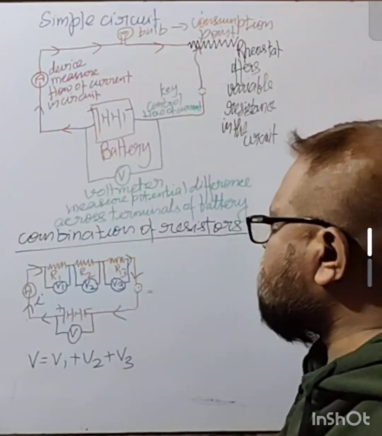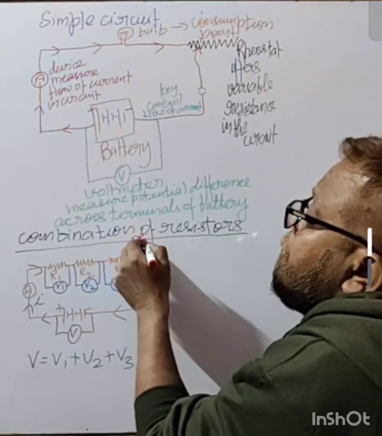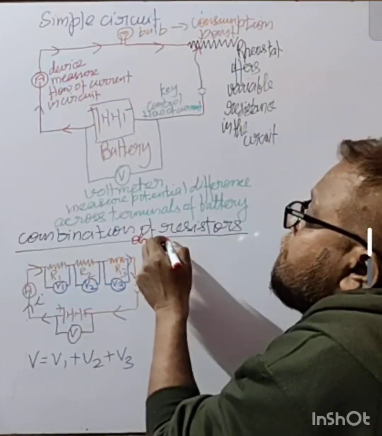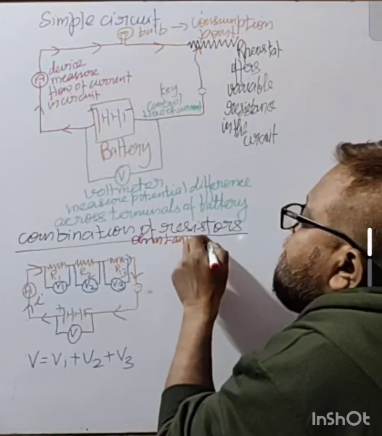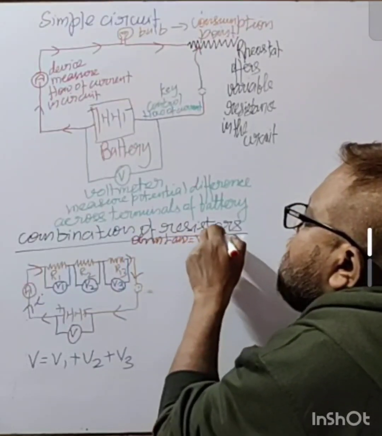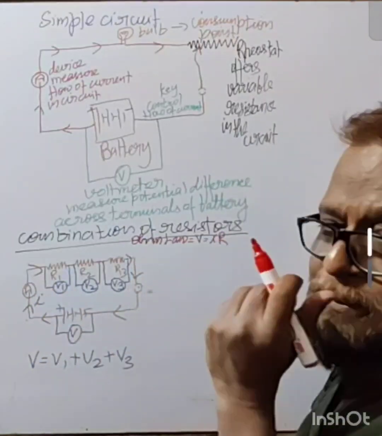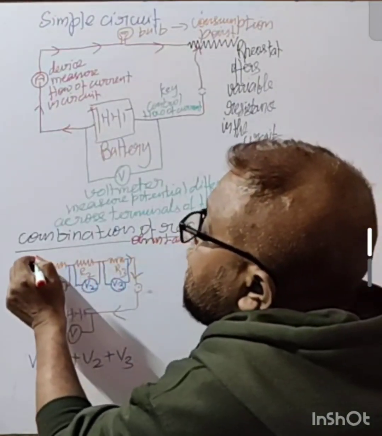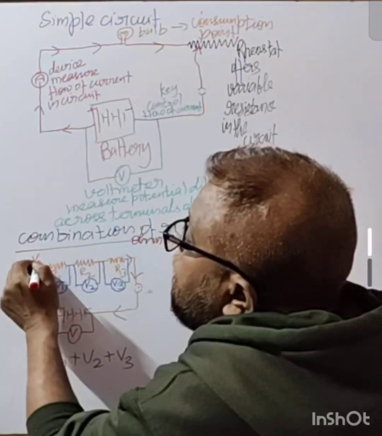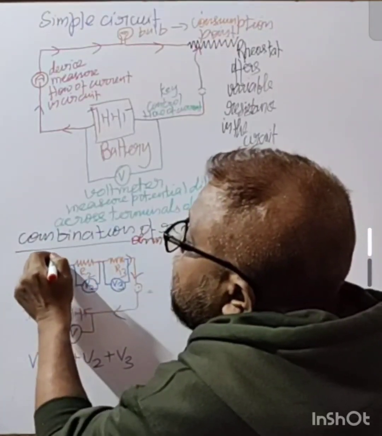Ohm's law, you know, na? Ohm's law, that is V is equal to IR, current and resistance. So here V1 is equal to I into R1.